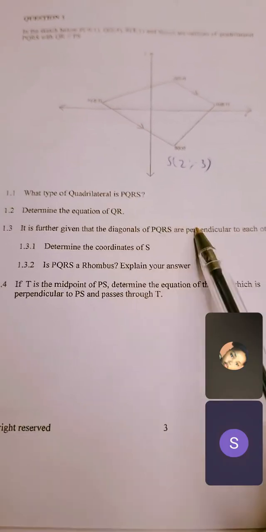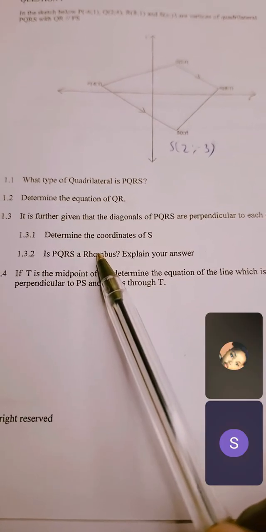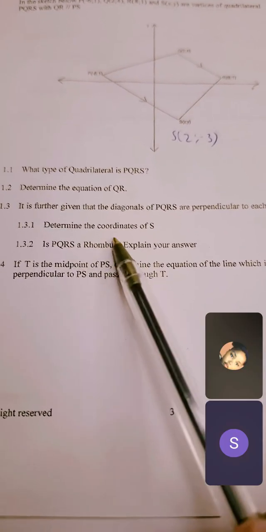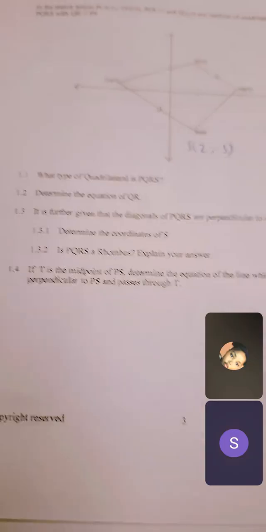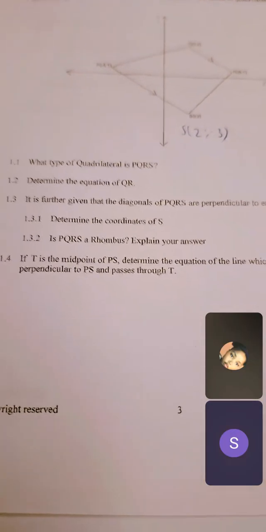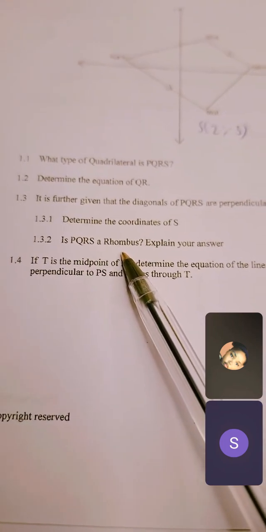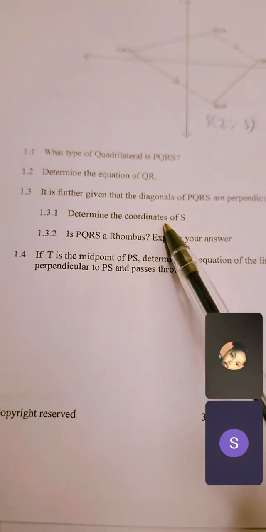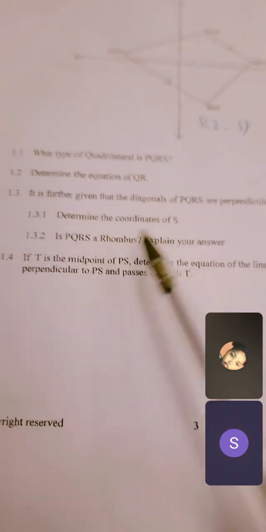If they are perpendicular and they bisect, meaning they have a shared midpoint for the diagonals, then we know that a quadrilateral that has diagonals that bisect at 90 degrees is called a rhombus.